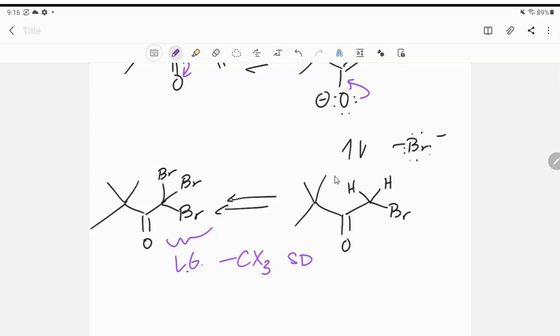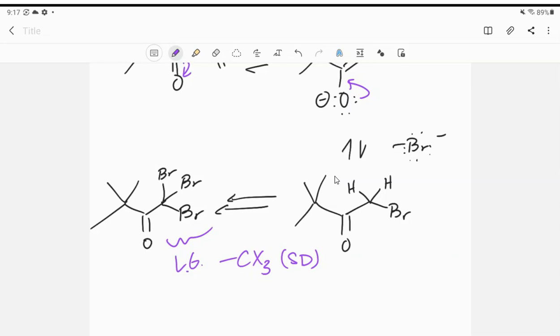If you remember your Hoffman elimination, we have some unusual leaving groups. Suffice it to say, in the Hoffman elimination, remember, we had NR3 as a leaving group. In this case, we're going to have CX3 as a leaving group. And because it was a strong deactivator, we know that it pulls a lot of electron density. So it's actually going to be relatively stable as a carbanion.